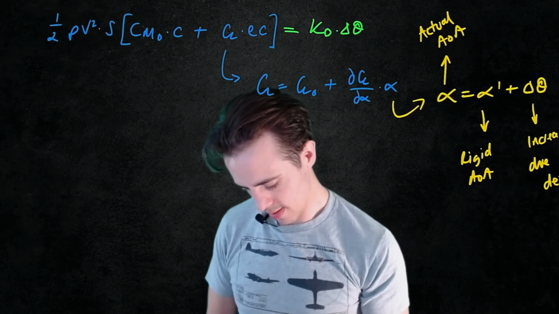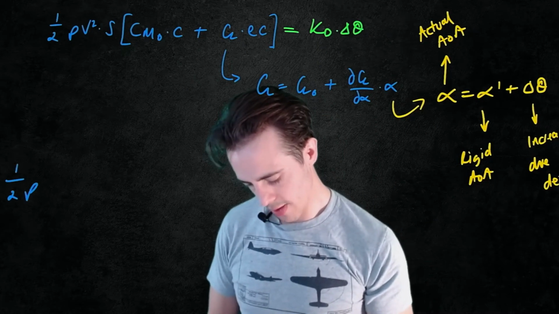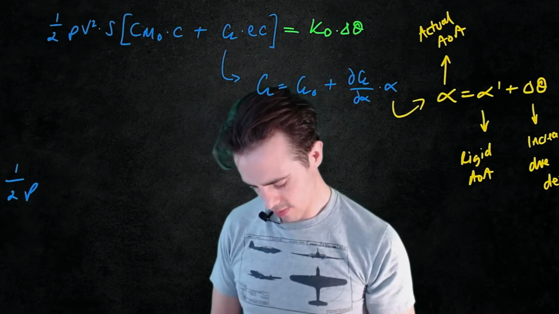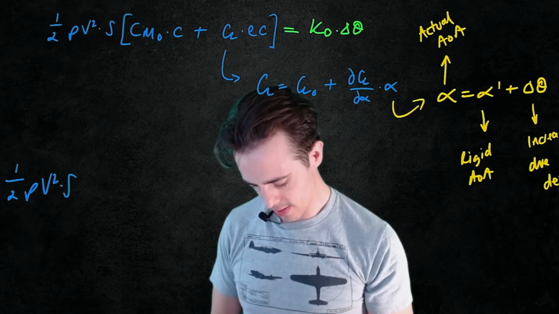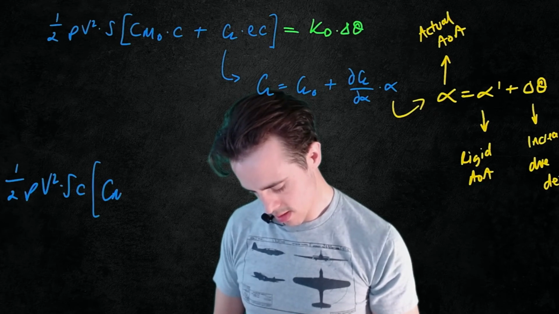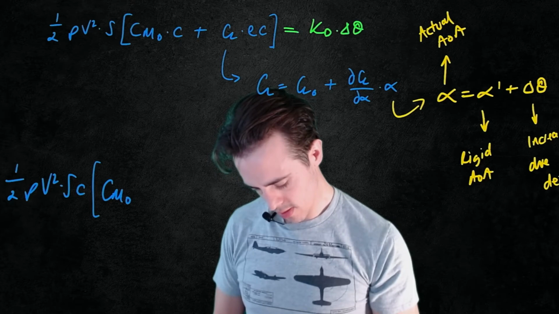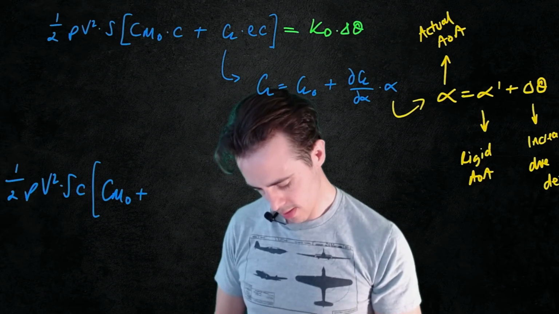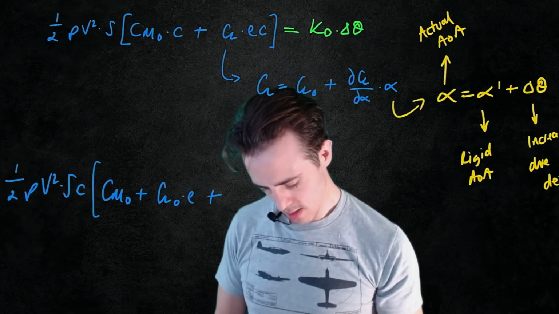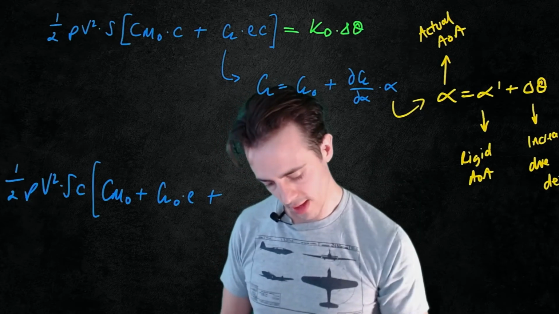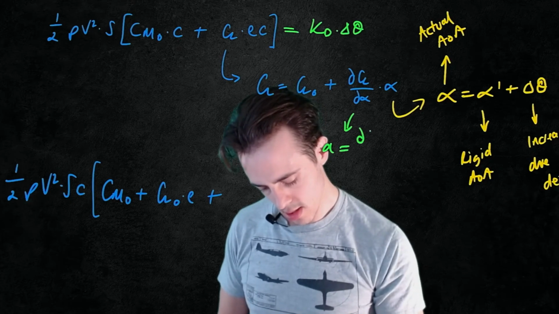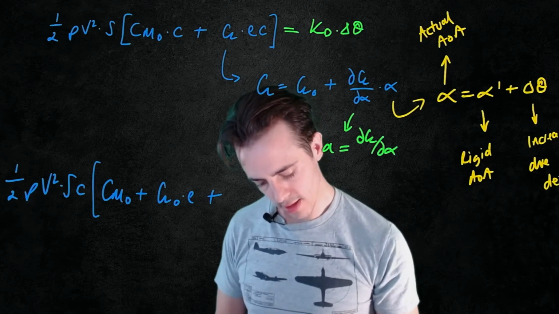So we get a half rho, and I'm going to take a factor of c out of both of these as well. Half rho v squared sc, cm naught plus CL naught times e plus, now dCl on d alpha, that's just the lift curve slope, so I'm going to call that A. It's pretty standard nomenclature.